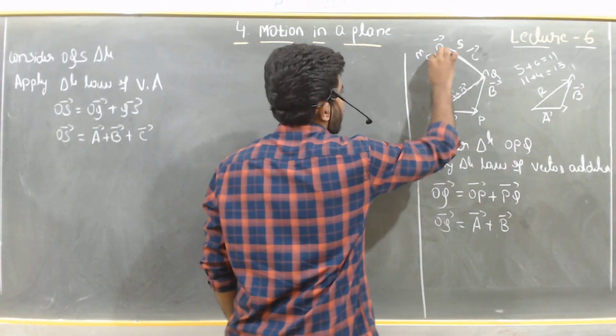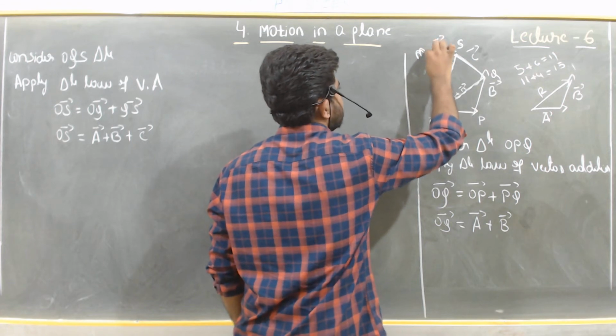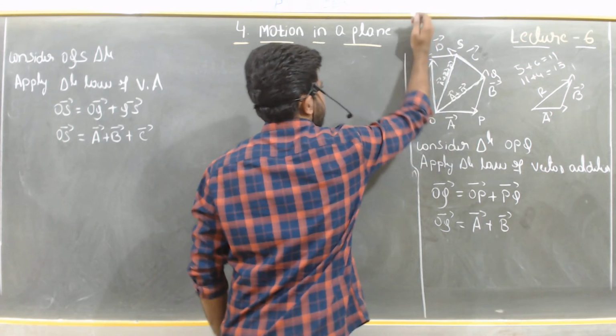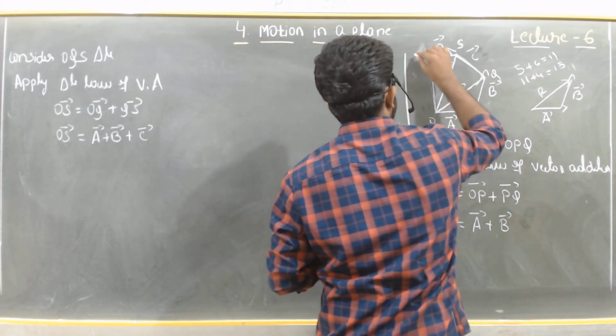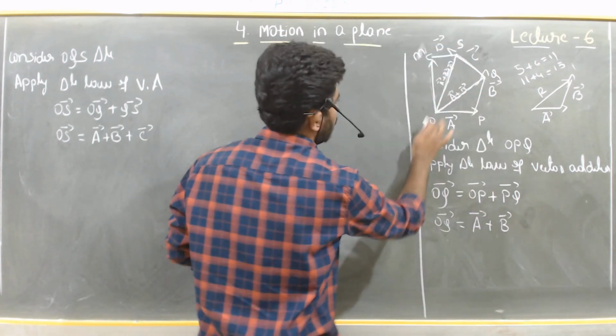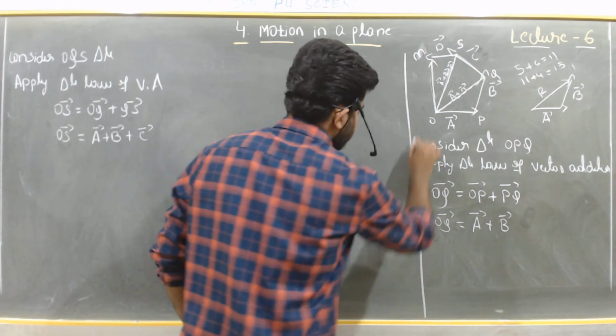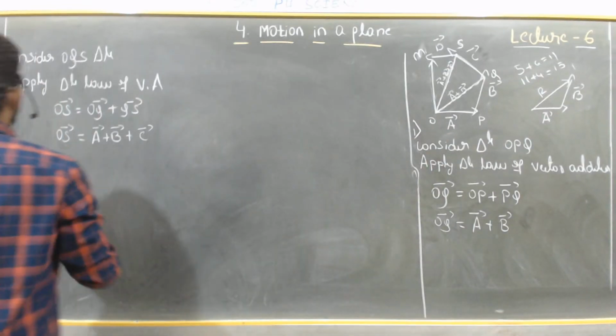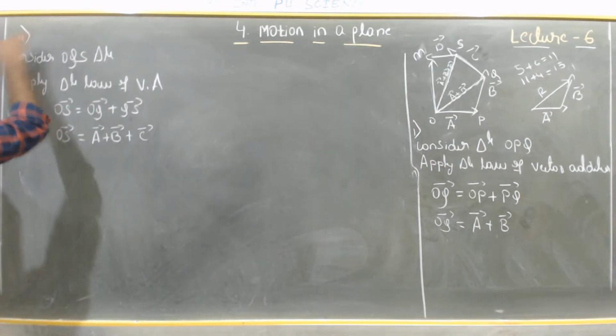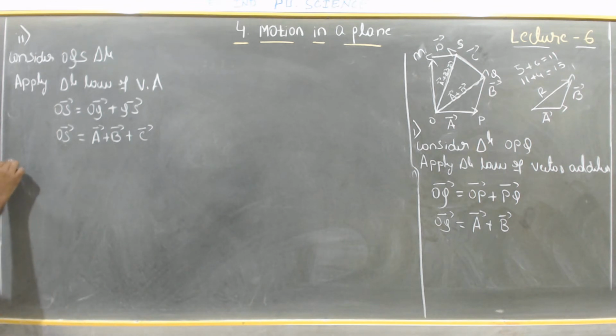So this is the point M. I'll write clearly, this is the point M. OSM. It means in the next step. So this is step 1, this is step 2, and the last step I am going to write here.